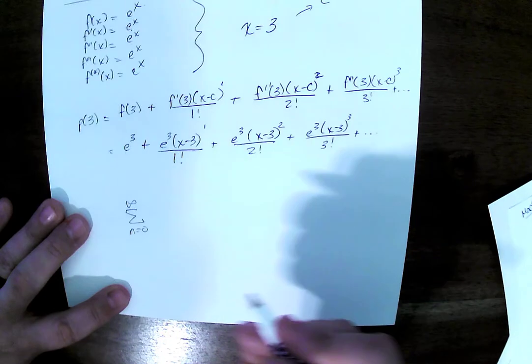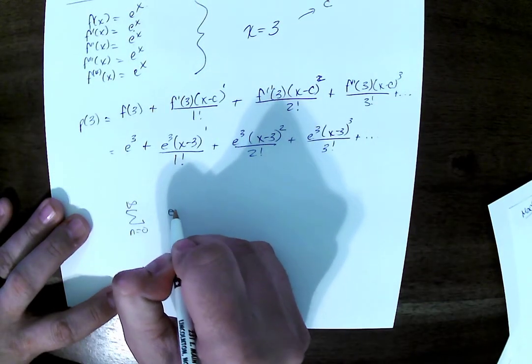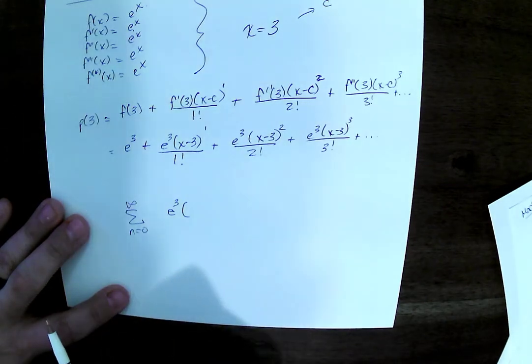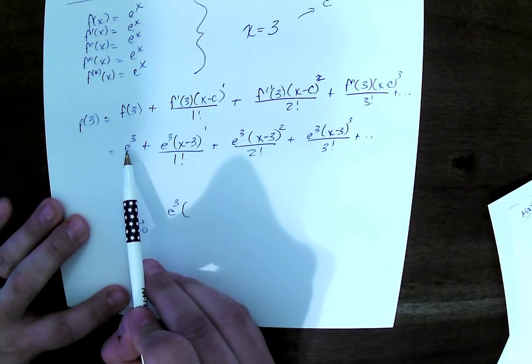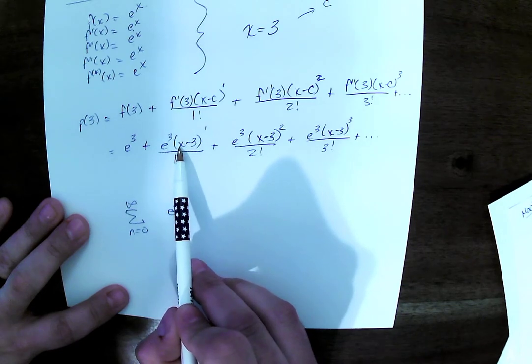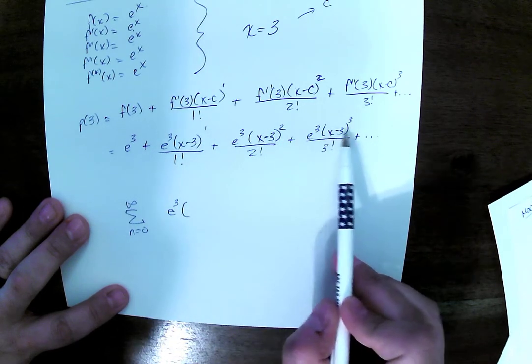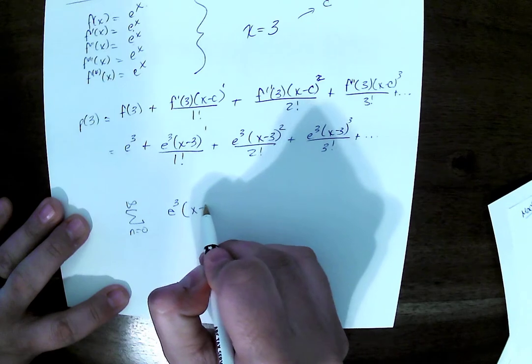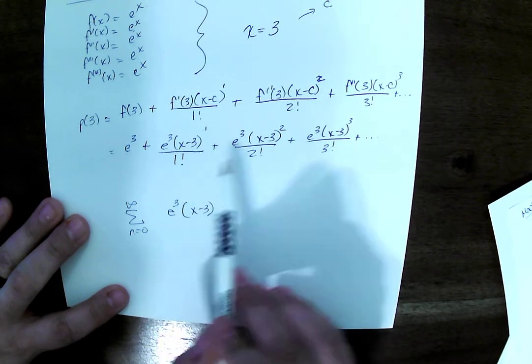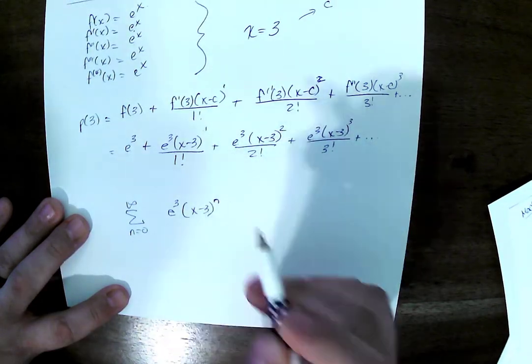So we can say this is e to the third power times, with the exception of the first one, x minus 3 in all of them. And notice that the power continues to go up; it's the same power as n.